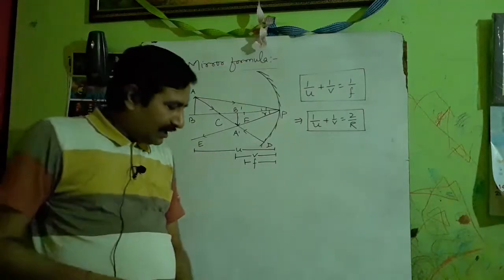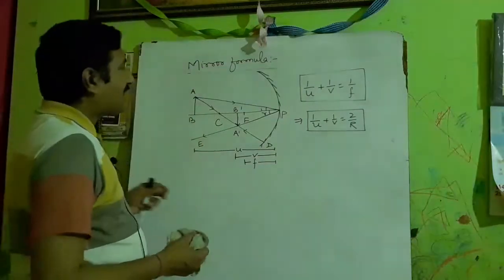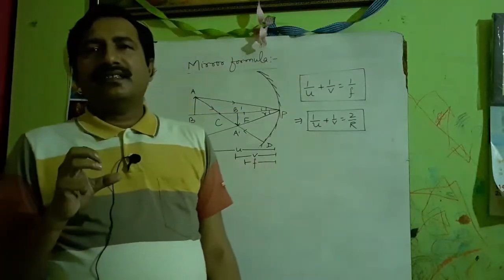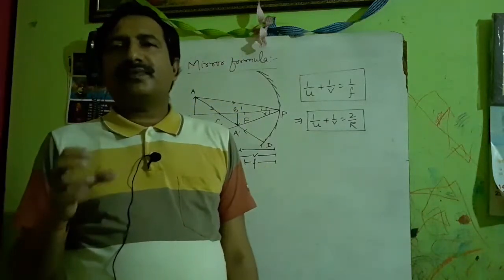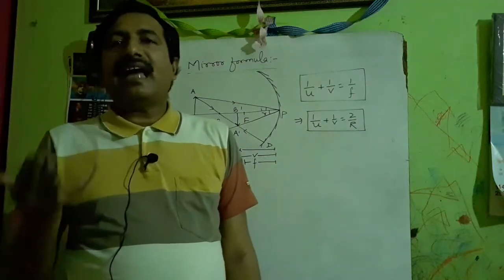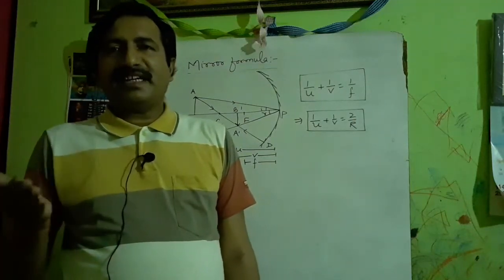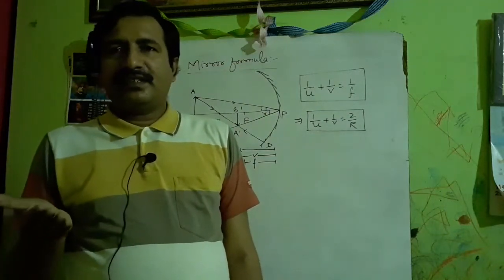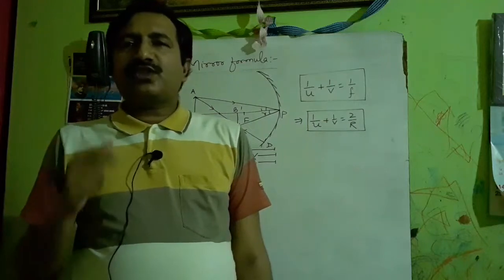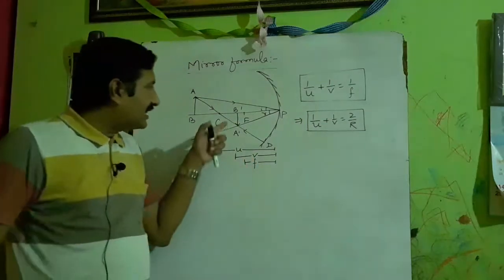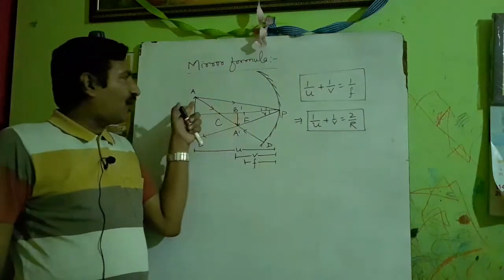After that, you have to learn about magnification. So what is magnification? Magnify means enlarge; magnification is enlargement. In which context do you have to learn about magnification? You see here the image is smaller than the object.